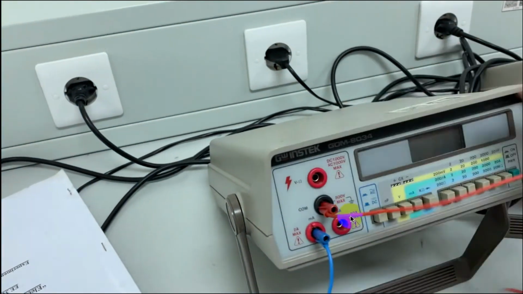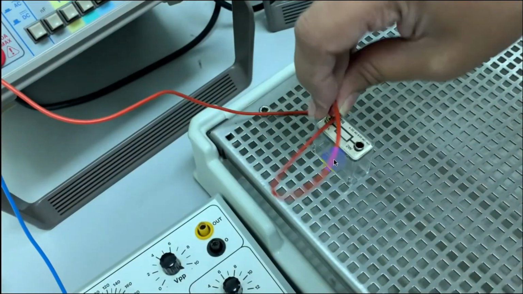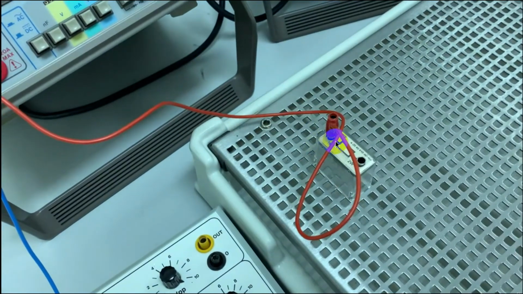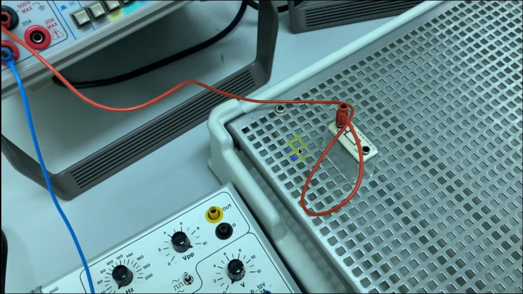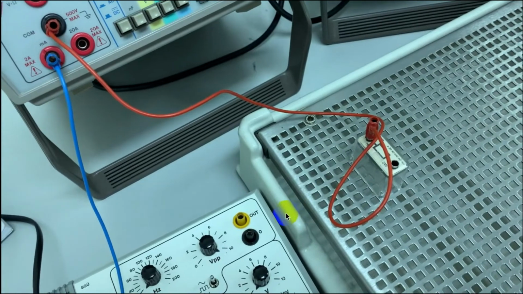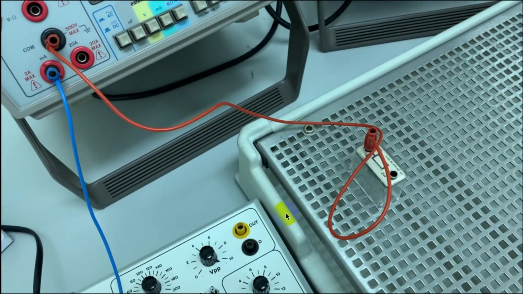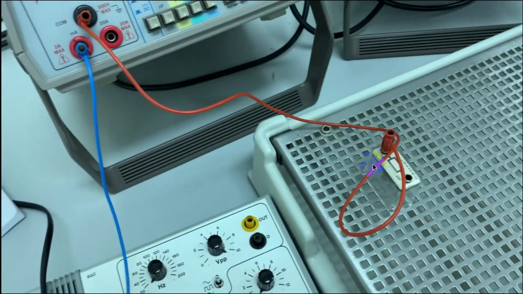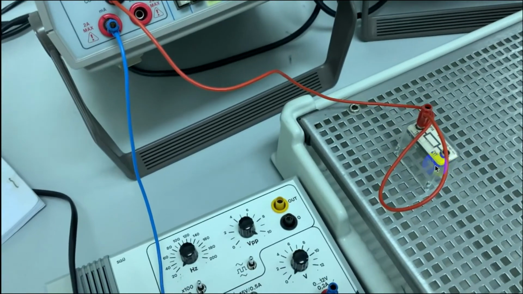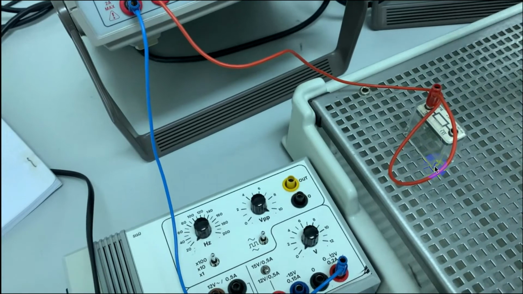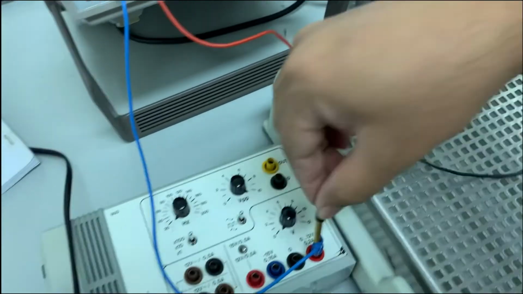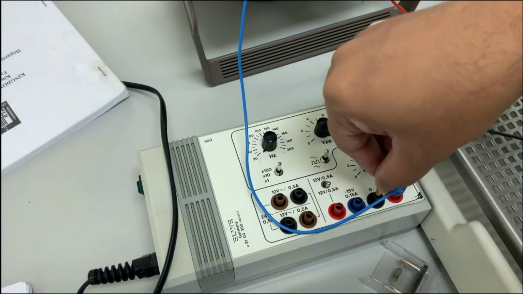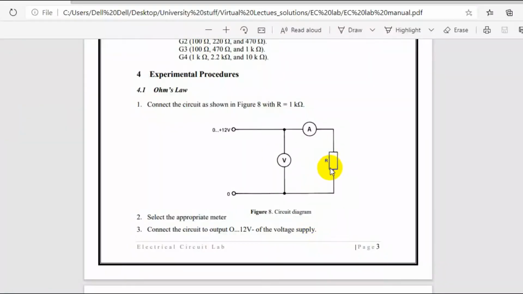From common I am connecting to the resistor, 1 kilo ohm. You can find the range here. The other end of the resistor is connected to the zero.